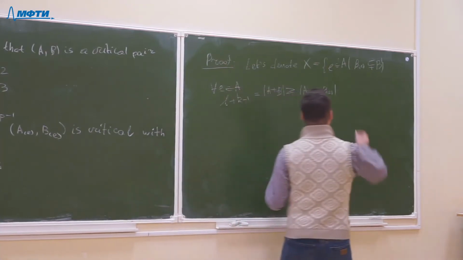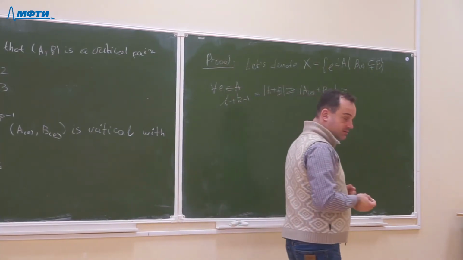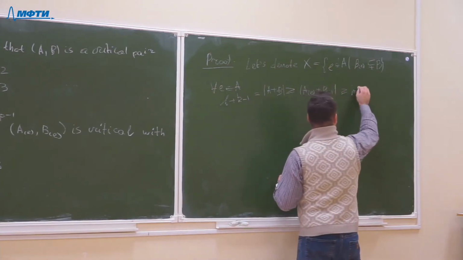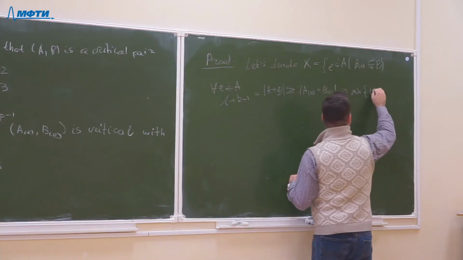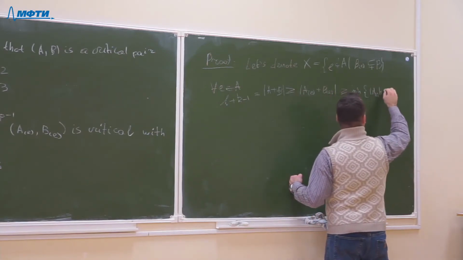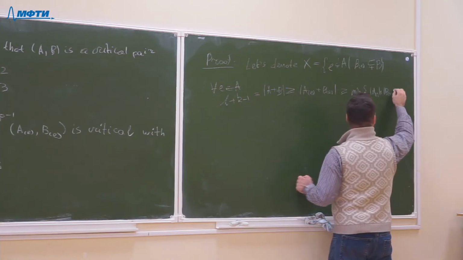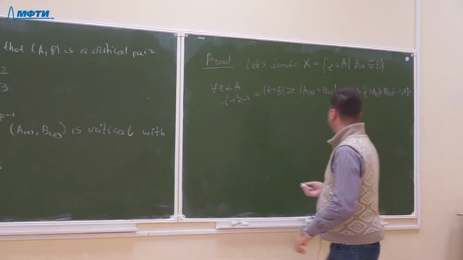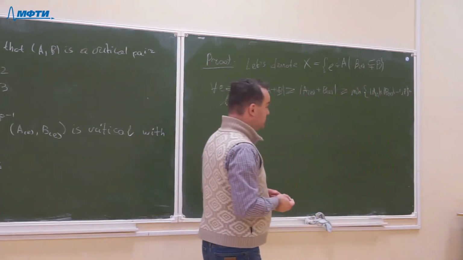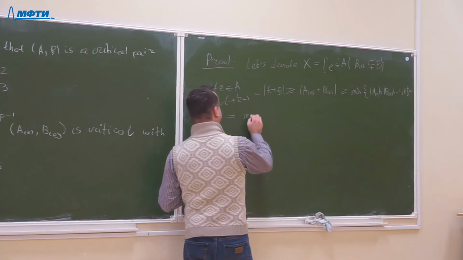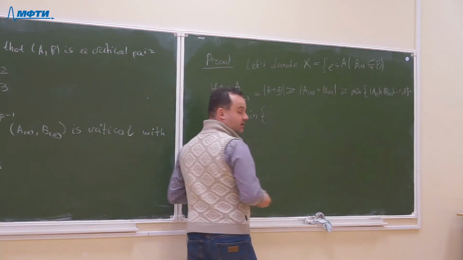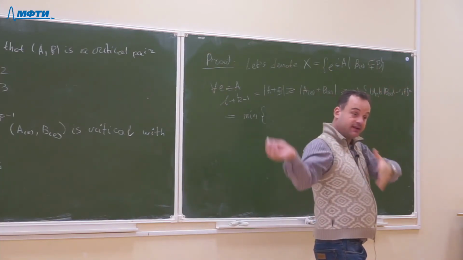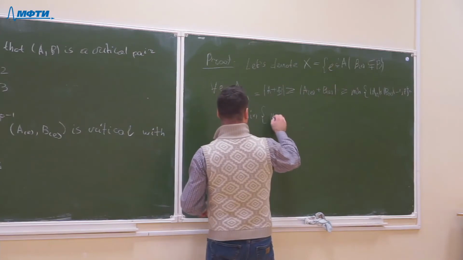By the Cauchy-Davenport theorem, A plus B is the minimum between AE plus BE minus 1 and P, which is again the minimum between cardinality of A plus cardinality of B. This is the main property of the E transform.